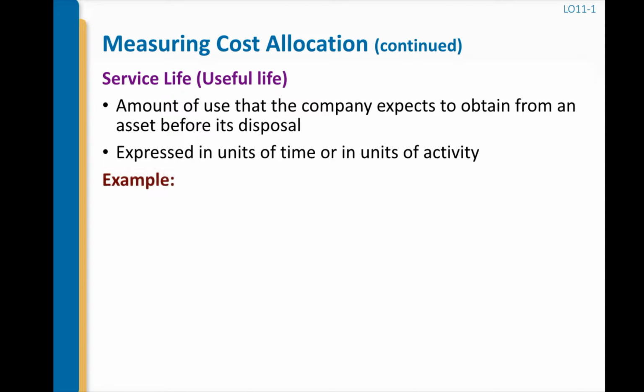The service life could always be less than the physical life, and generally is going to be. So, it just may be obsolete before it stops actually working or falls to pieces. It just may be so outdated that it's not worth the electricity that it costs to use it. There's any number of things that could cause the asset to still function like it's supposed to, but not have useful life remaining.